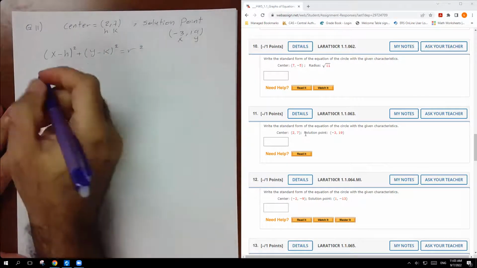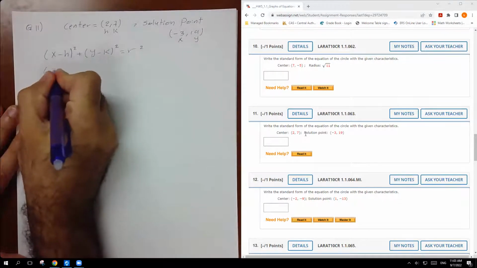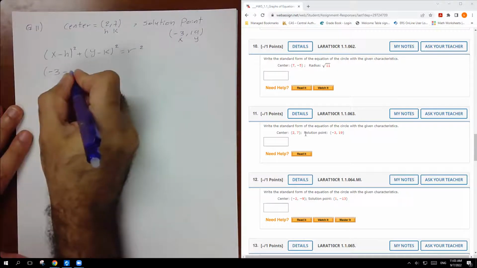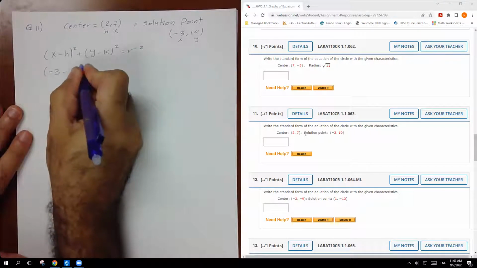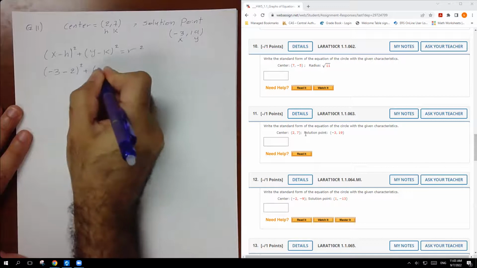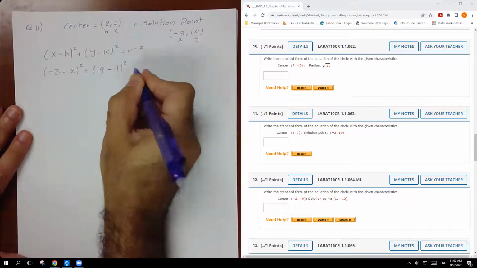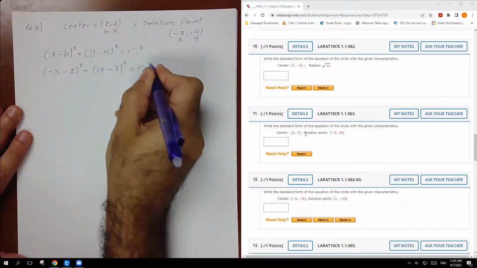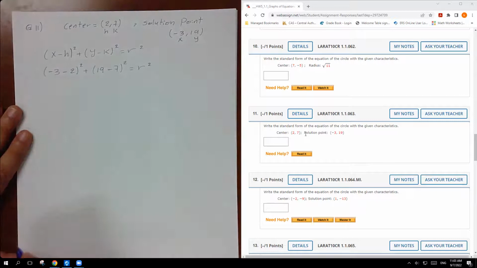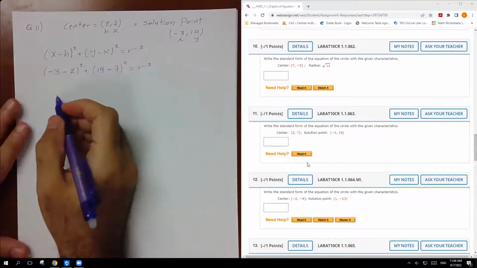So I'm going to plug in. x is -3 minus h, which is 2, squared, plus y is 19 minus k, which is 7, squared, equals r squared. Let's keep going to find the radius.